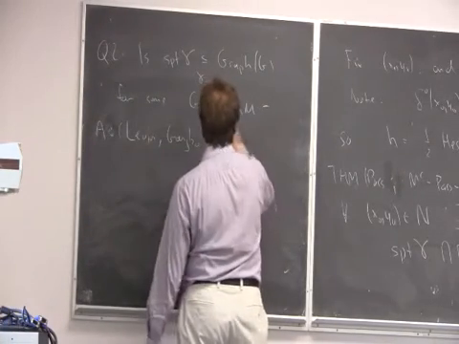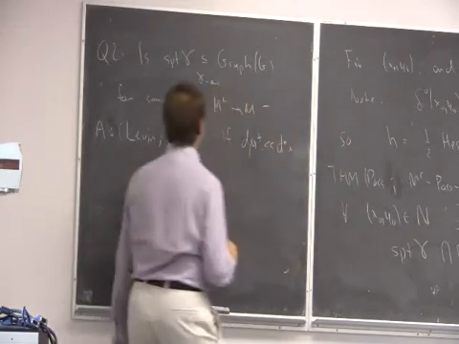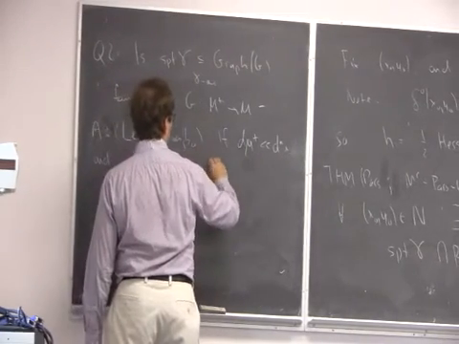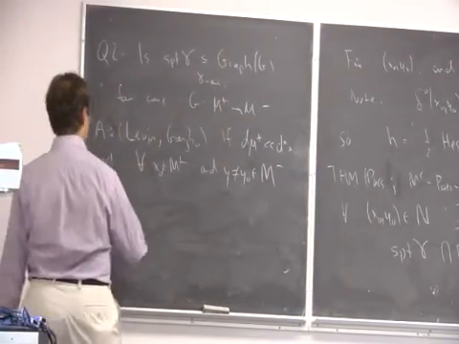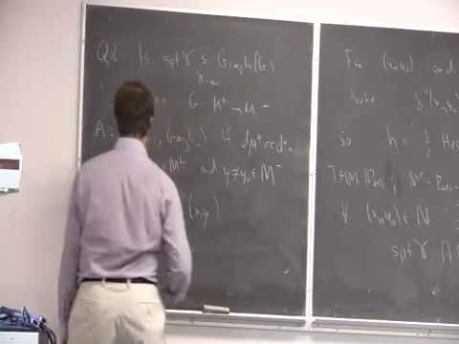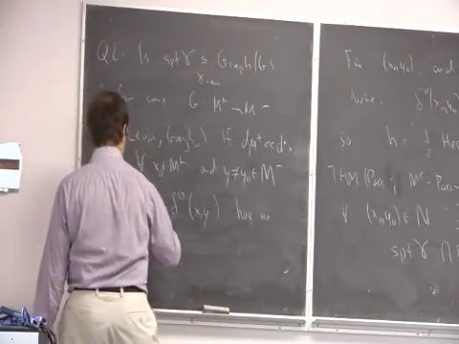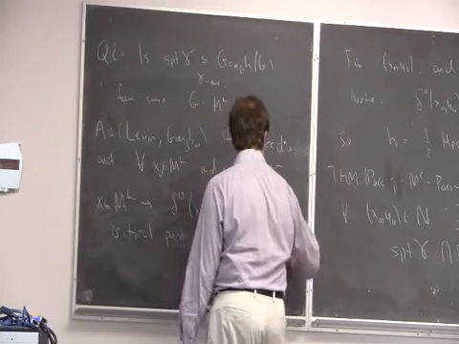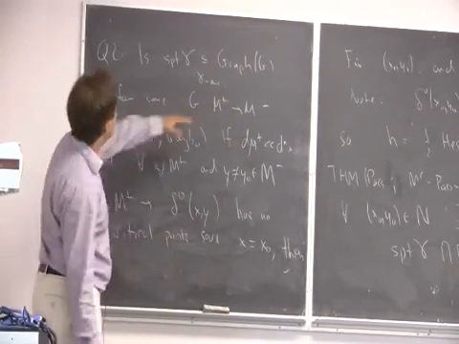So if mu is absolutely continuous, the first one, and for every x naught in M plus and y different from y naught in M minus, the mapping x in M plus to delta naught xy has no critical points, save x equals x naught, which again, because of the symmetries, that function up there has to be a critical point. Then this is true.